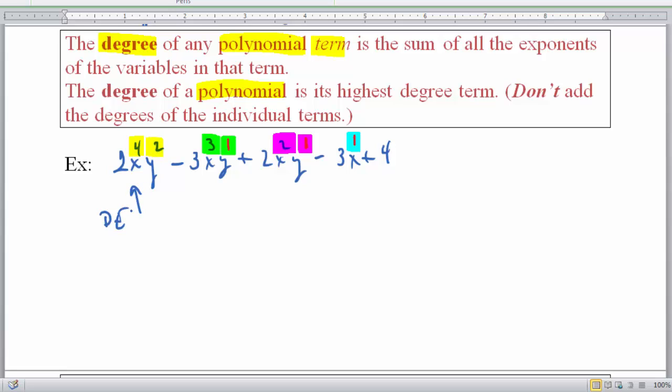So this would be degree 6, or 6th degree. This one you would do 3 plus 1, so this one would be degree 4, or 4th degree. Here you do 2 plus 1, so you get degree 3. Here you don't have anything to add, it's just 1, so this is just degree 1.